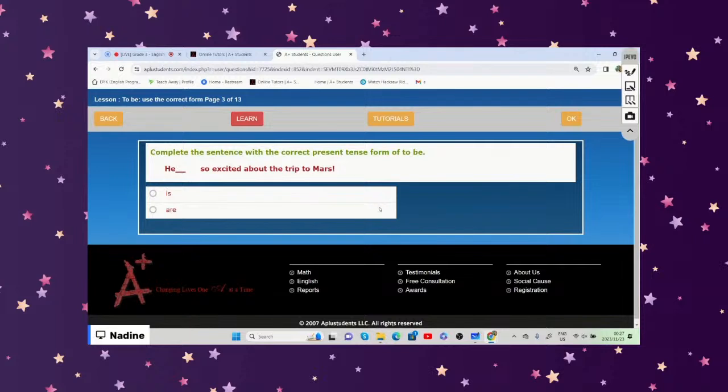Now, if we look at the sentence over here, it says complete the sentence with the correct present tense form of to be. "He is" or "he are" so excited about the trip to Mars.